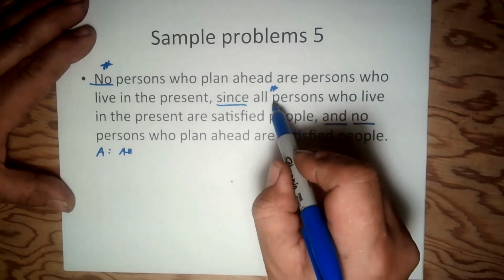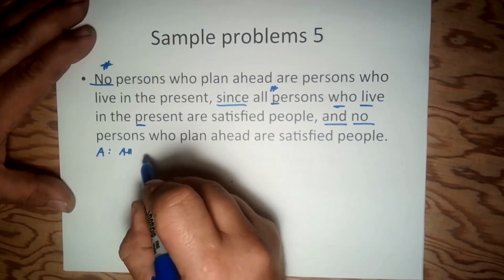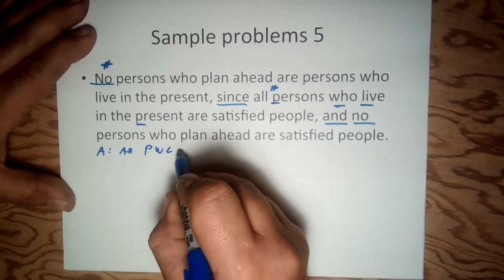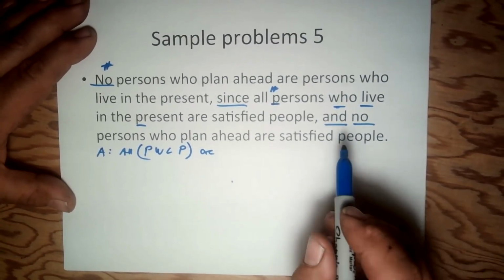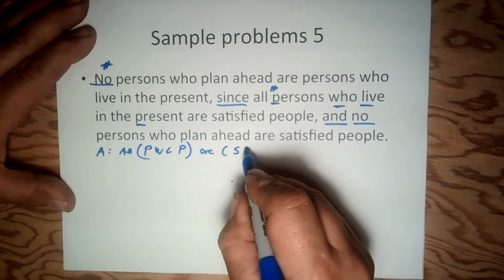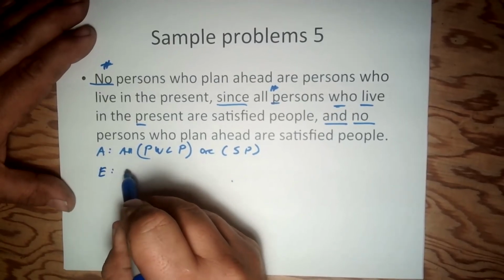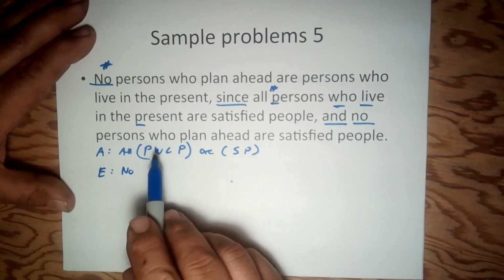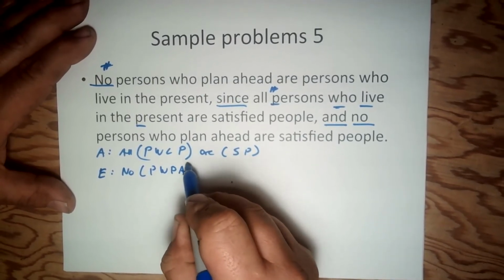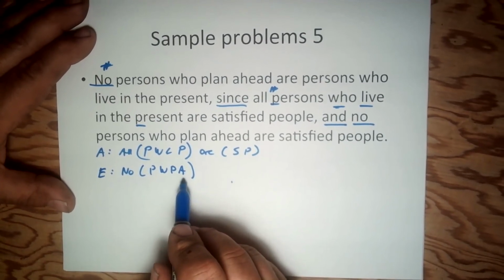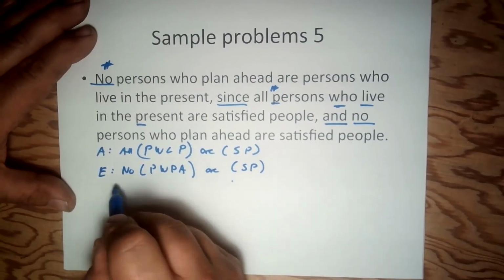And now persons who live in the present. So we'll just call it PWLP, are satisfied people. And no persons who plan ahead, people who plan ahead. We've got to be a little bit careful with our acronyms here. Are satisfied people.